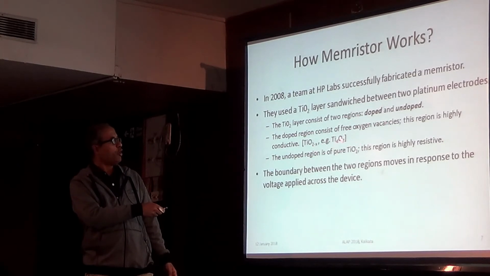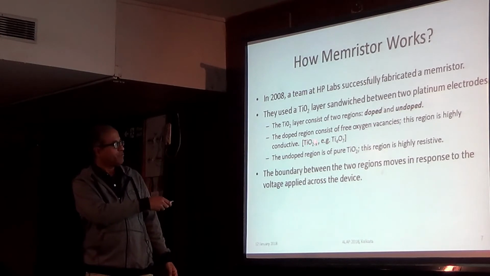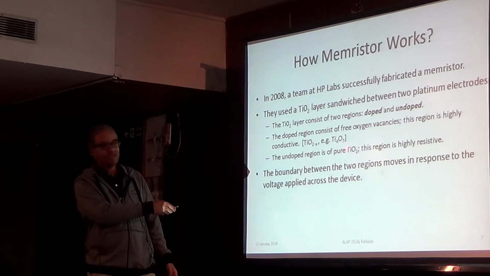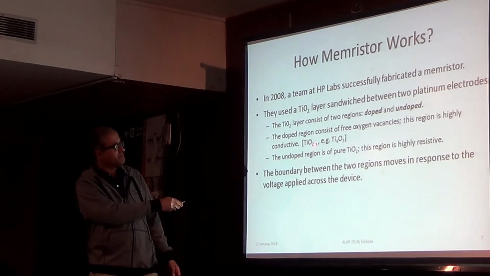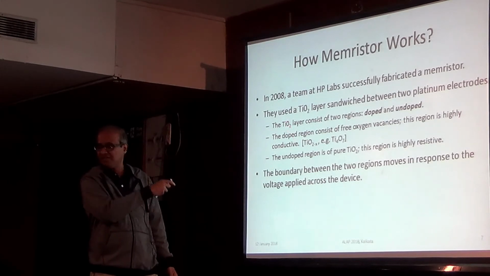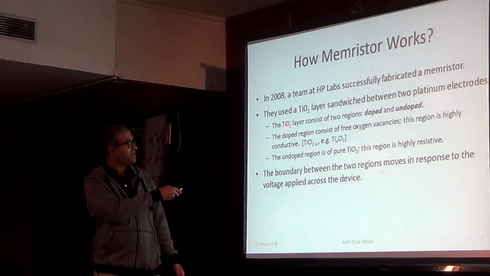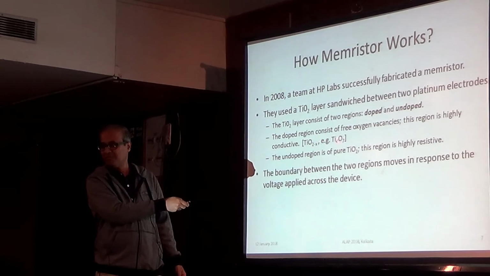These are called oxygen vacancies. Actually what it means is you dope with a material like Ti4O7, which has some oxygen deficiencies with respect to TiO2. In TiO2, the number of oxygen atoms will be double that of titanium, but here it will be a little less than that, Ti4O7.